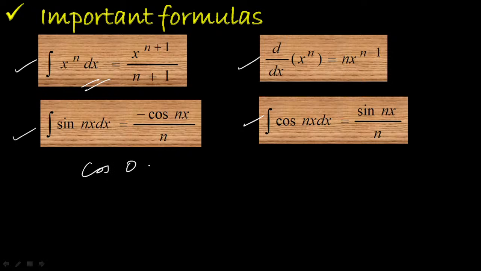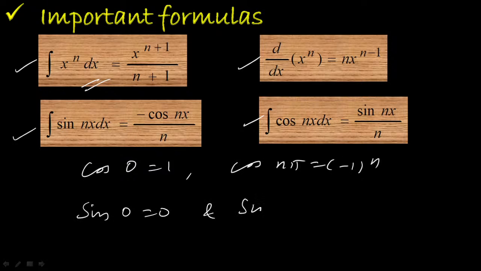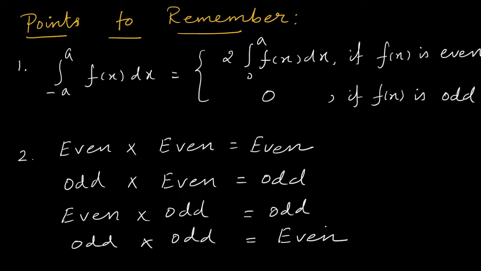The value of cos 0 is 1, and cos n pi is equal to minus 1 whole power n. Sin 0 is equal to 0, and sin n pi takes the value 0 for all integer values. Here we take the values of n as integers, so the value of sin n pi is 0.